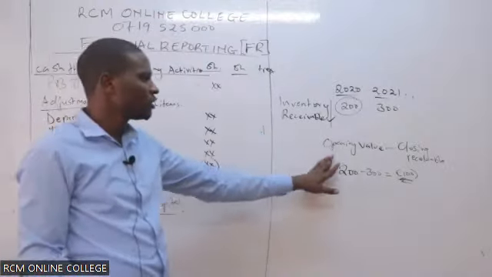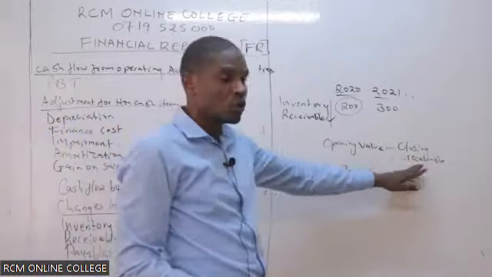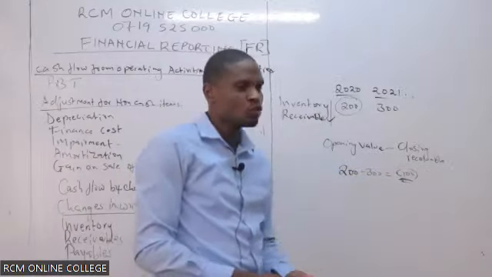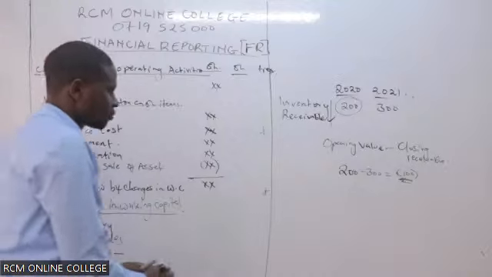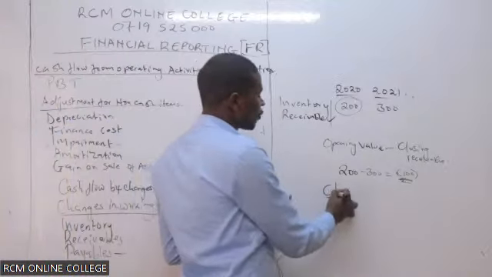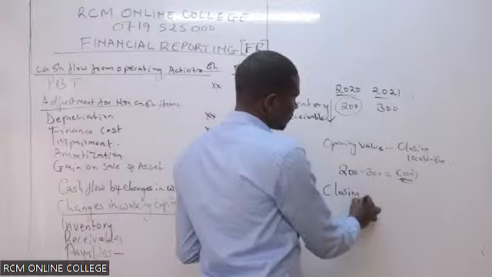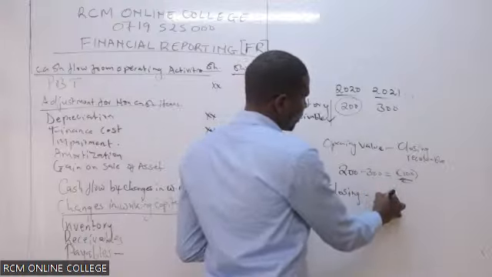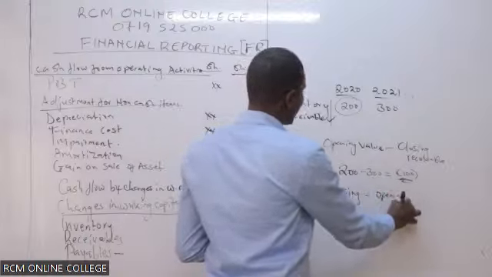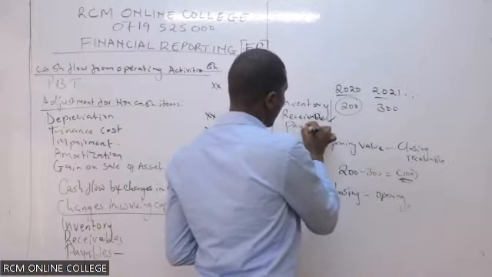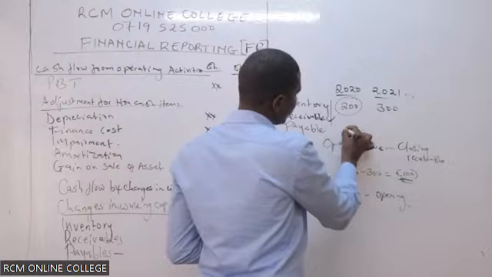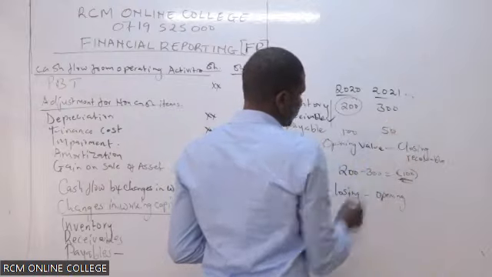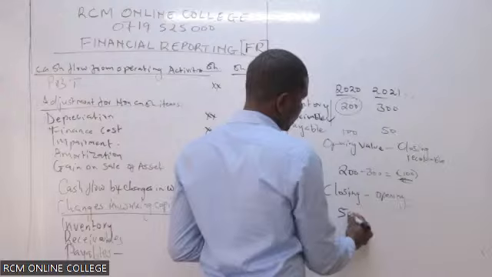So just use this formula: opening value minus closing value. The vice versa happened to the payable. You shall be taking the closing minus opening. Therefore, if we had payable here, and this is 100, and this is 50, I'll just take closing, which is 50 minus 100.